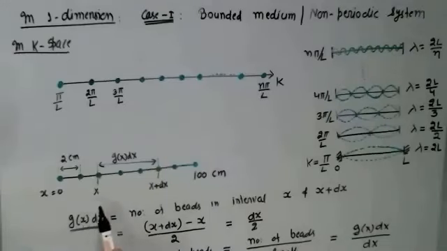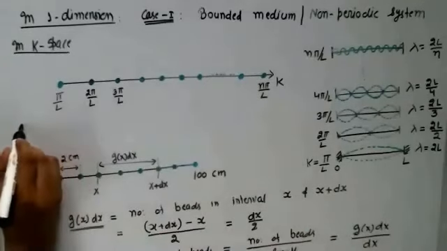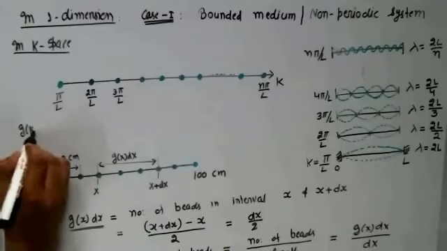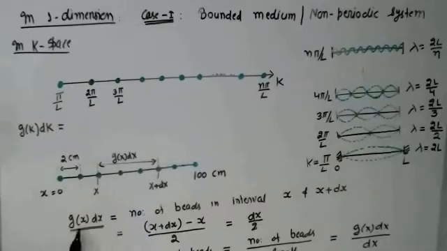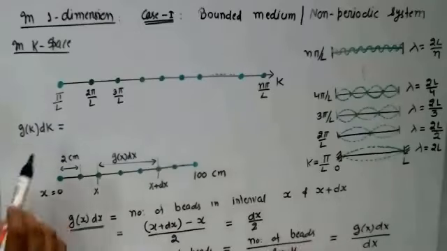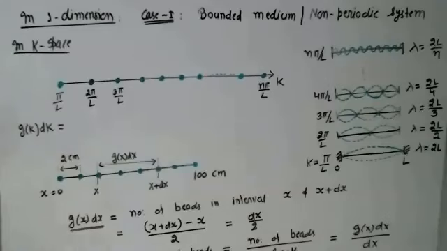The way I count the number of beads, the same way I can count the number of quantum states here. So what I'm going to define here is a function I can call gk dk, like gx dx. Now gx dx is the number of beads in the interval x and x plus dx. So gk dk will be the number of states in the interval k and k plus dk.